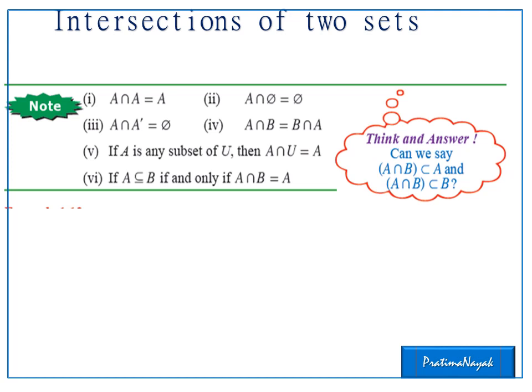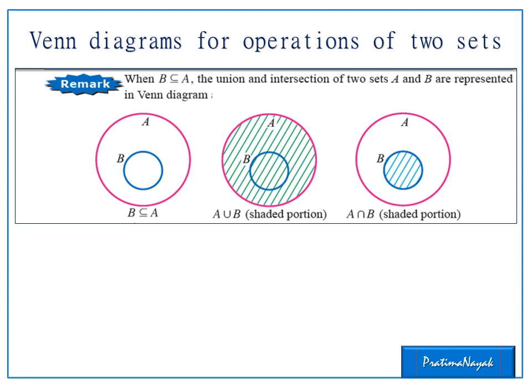And you can think of this task. When you are free, you can find it, or this is for your creativity. So see these Venn diagrams. So here the condition is B is a subset of A. So what will be the union and intersection when some set is subset of other?